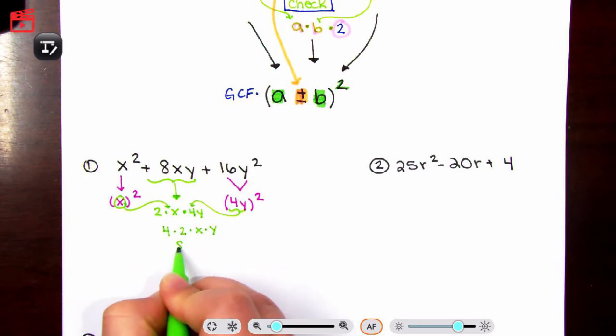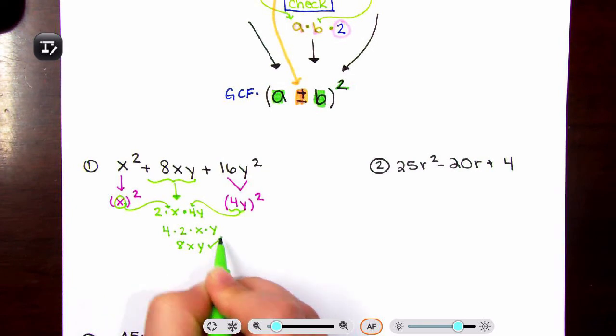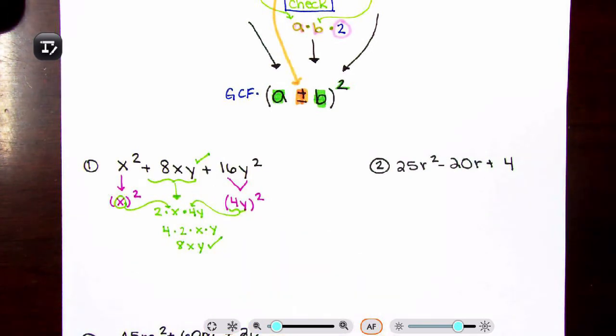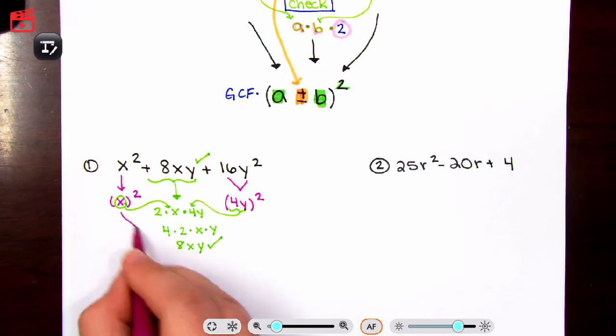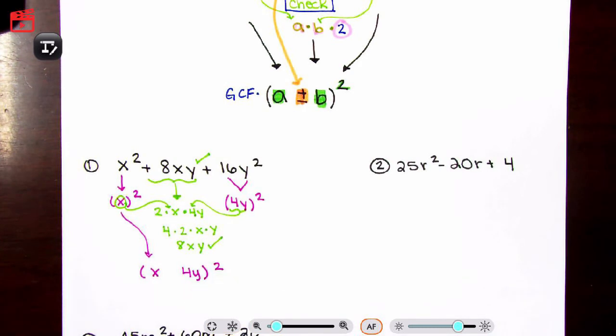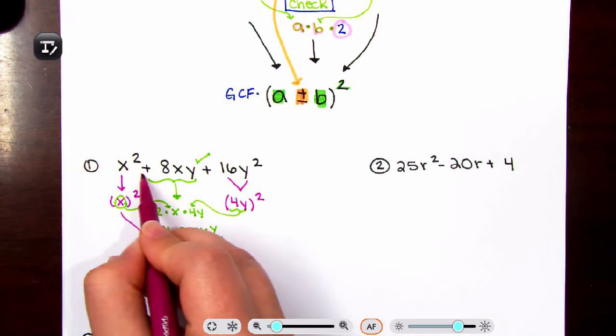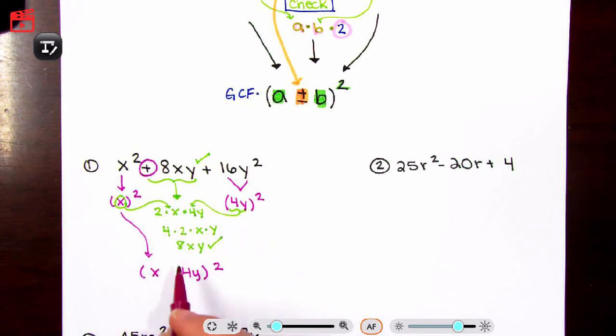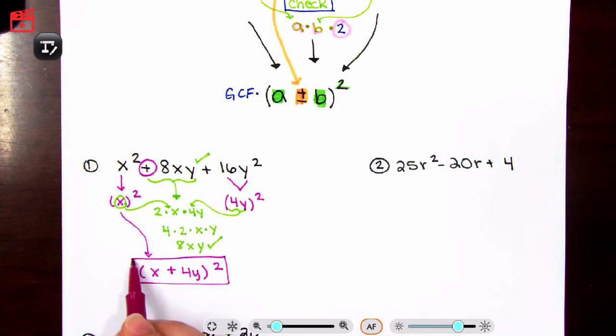So that means I have 8xy. Yes, that does check out. So therefore, you are writing your answer as a, which is x, and b, which is 4y, squared. Now, what is the symbol we put in the middle? Notice this middle term has a plus, so we put a plus in between. And that is our answer.